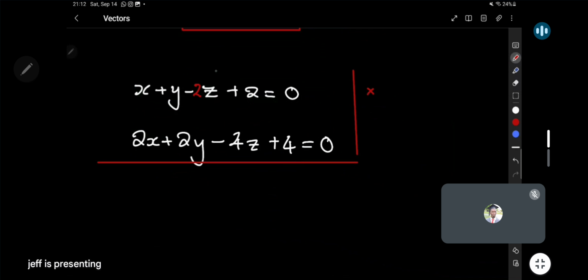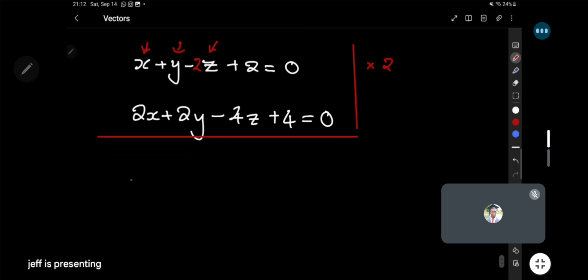Whether you try to eliminate z, you have to multiply by 2 first. Try to eliminate y, you have to multiply by 2. Even if it's x, you'd have to multiply by 2. If you multiply it by 2, you'd have 2x, you'd have 2y, you'd have 4z. And then this would also be 4. The bottom one would still be the same.